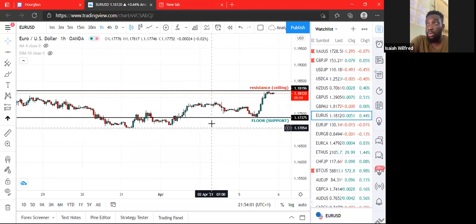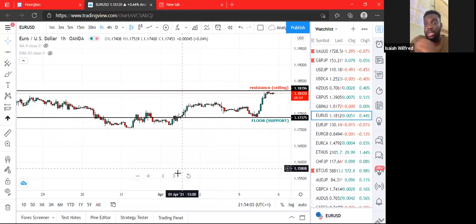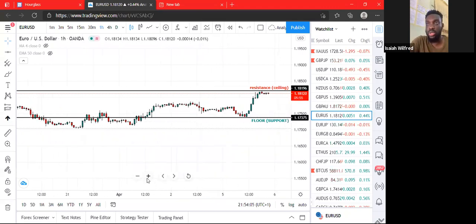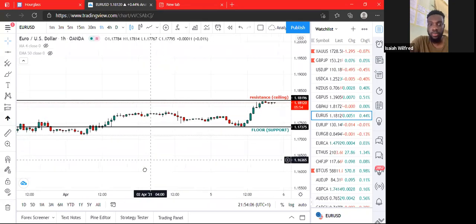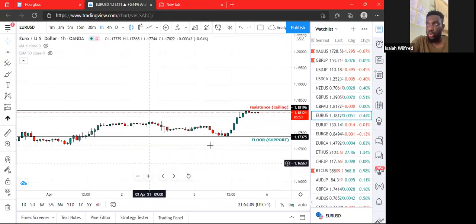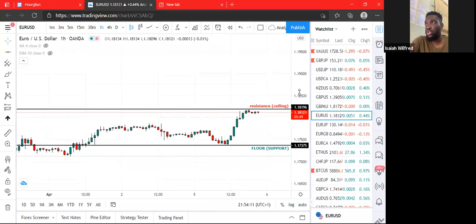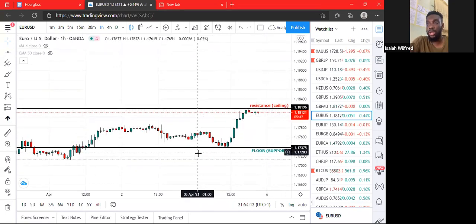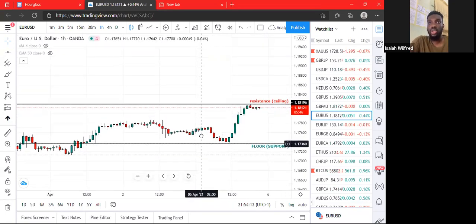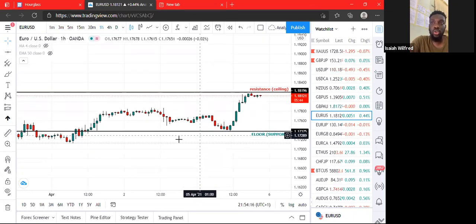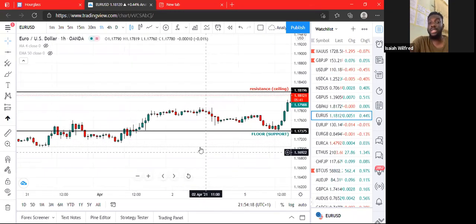So if I wanted to mark somewhere else now on the screen, let me zoom in a bit. I think it's a little bit tiny for you guys to see. So if I wanted to mark up somewhere else, what am I going to do now? I'm going to look for somewhere that price has been respecting.